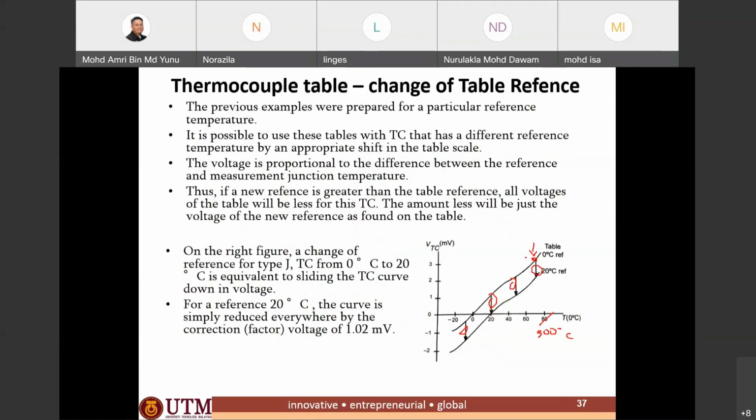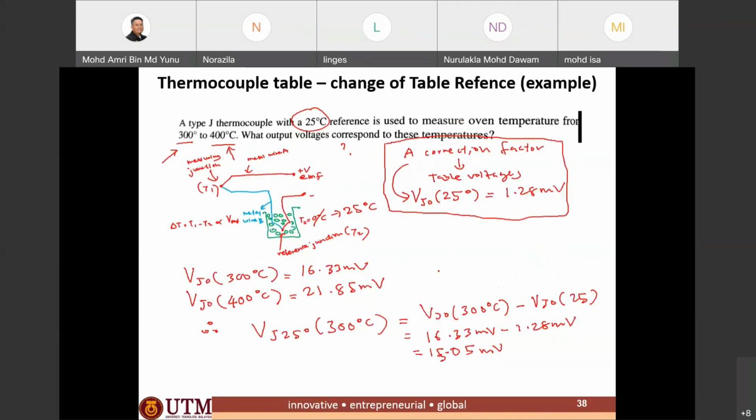This is the junction at 0. Due to the correction factor, the value at this point has reduced to this. So we need to minus the offset or the correction factor, because the reference junction temperature has increased.